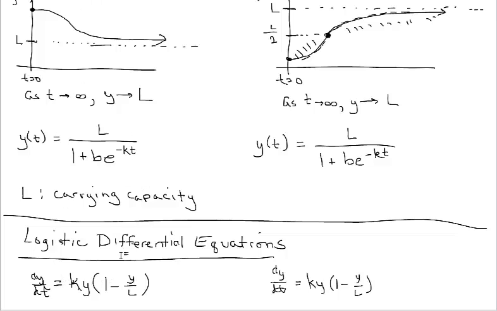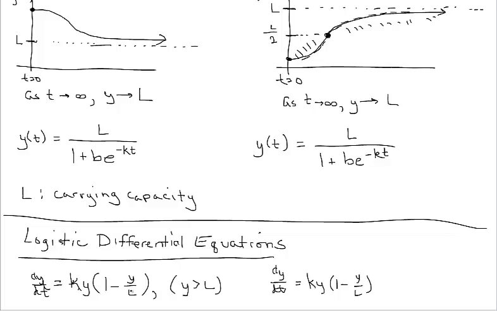So how would we take this equation and produce a negative value that would represent a decay situation? Well, it's all about the comparison of y, the initial amount of your population, compared to the carrying capacity. Okay, so for decay, we would have to know that y is greater than L.